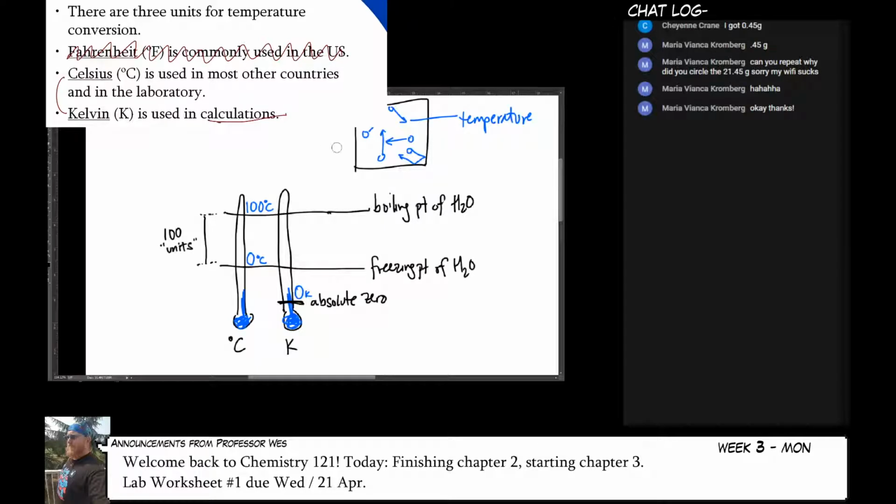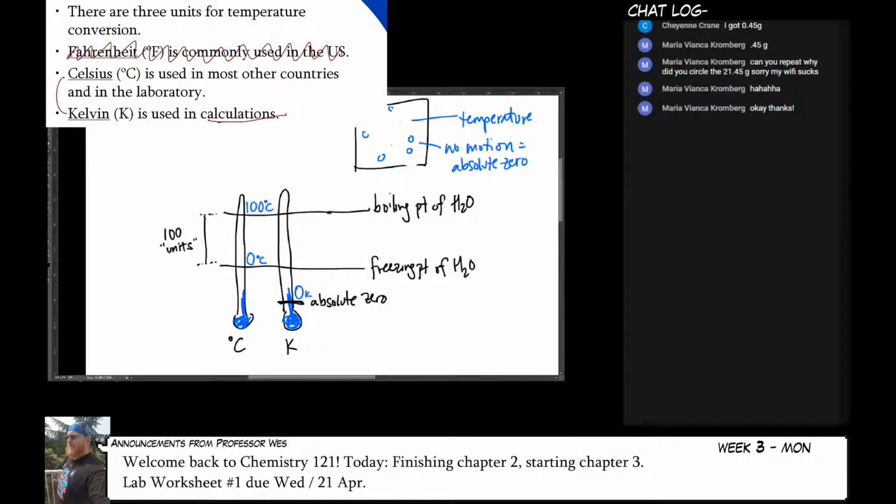If I were to stop all the motion so that these molecules were perfectly still, I'm going to erase all their arrows. If I stopped the molecules completely, they would have no motion, no energy, and we would say they have no temperature. They are at absolute 0.